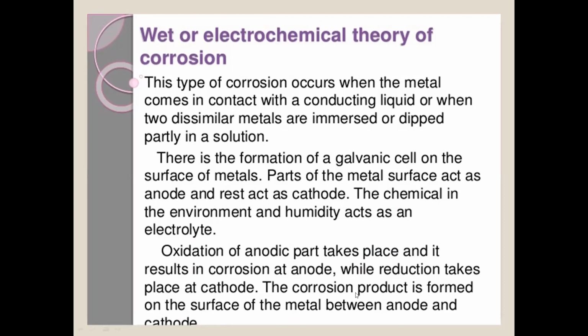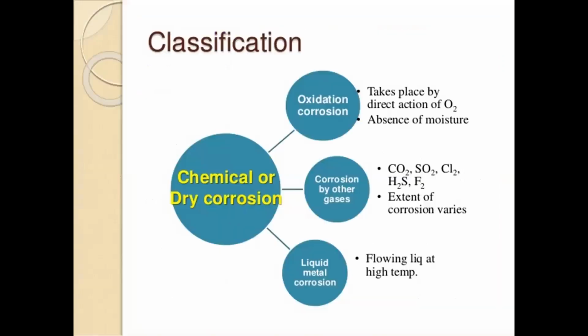The corrosion product is formed on the surface of the metal between anode and cathode. So this is electrochemical or wet corrosion. Now, as we have seen, the chemical or dry corrosion.